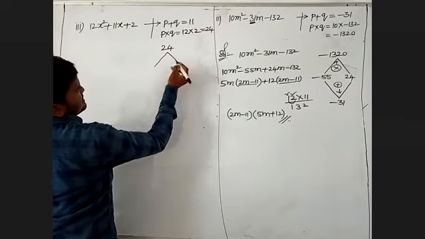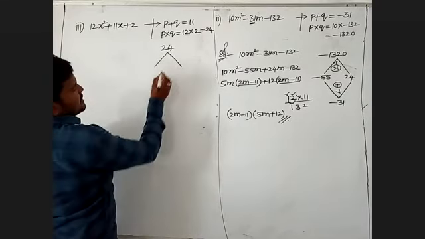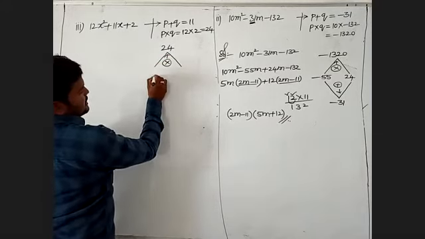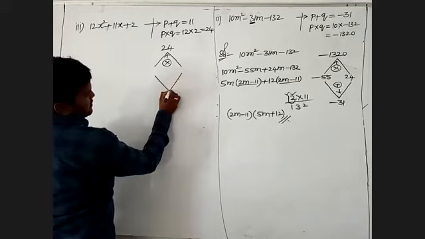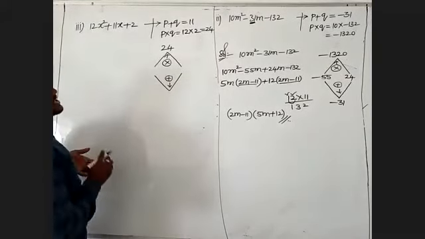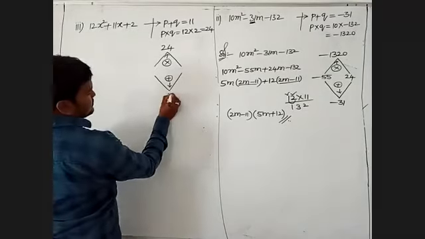Their product 24 multiplication satisfy kavali. After that their addition will satisfy 11.